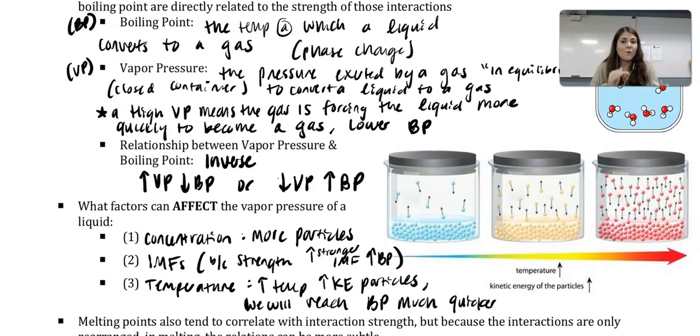Looking at this picture, this would be our cold temperature and this would be our hot temperature. Here I only have about 7 molecules in the gas phase, but as we increase the temperature, we get more and more particles converting to a gas.